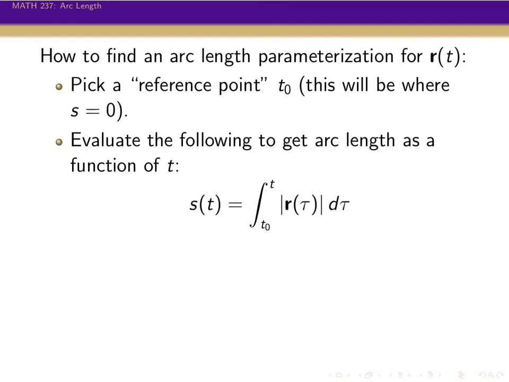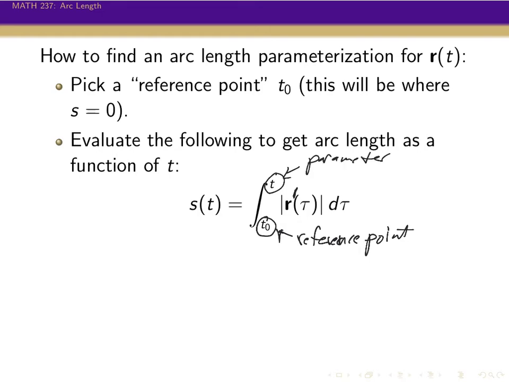Okay. The next thing we're going to do is calculate the arc length in terms of t. If you notice, we have our reference point right here, and this should be r prime of t. If we integrate the magnitude of r prime, we're using tau because we're putting t in the upper bound, t is our parameter.